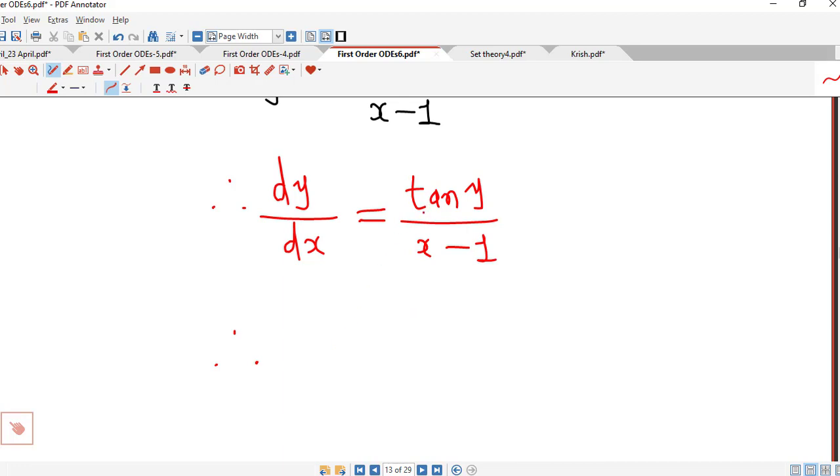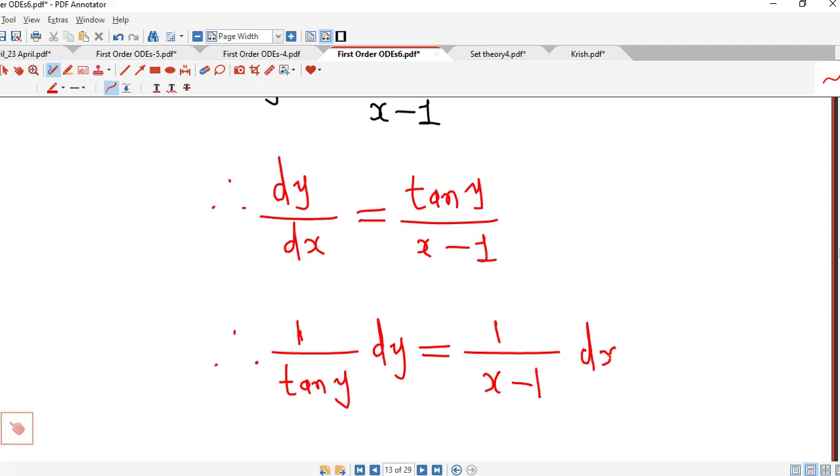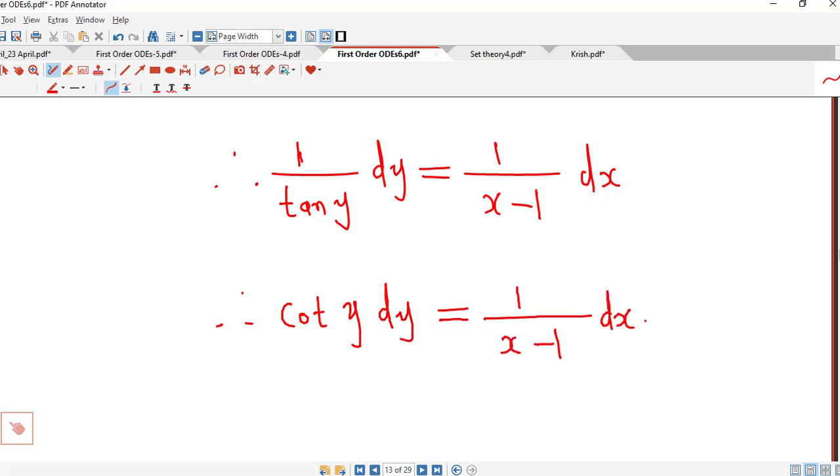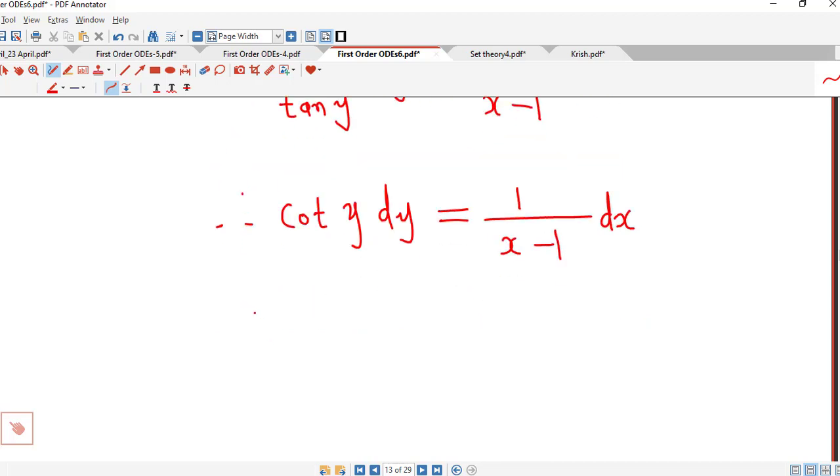So I take 10y on the left hand side, and I will have 1 over 10y dy equal to 1 over x minus 1, I take dx on the right hand side. So this equation is easily separable. This we can rewrite as cot y dy equal to 1 over x minus 1 dx. So this is separable.